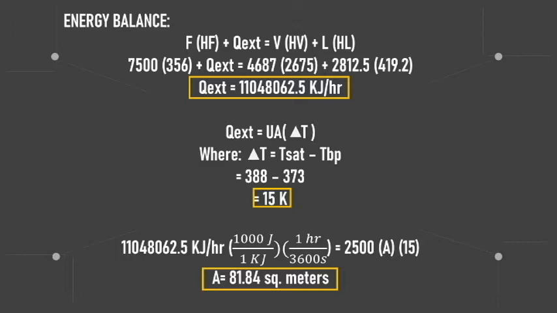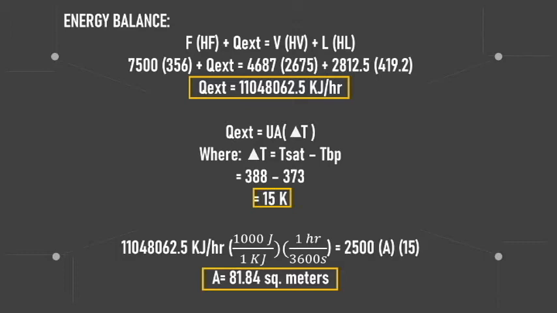Since it was mentioned in the problem that we already have the enthalpy for the feed, the vapor, and the liquid, the thing we're going to do is just substitute the values into the formula.